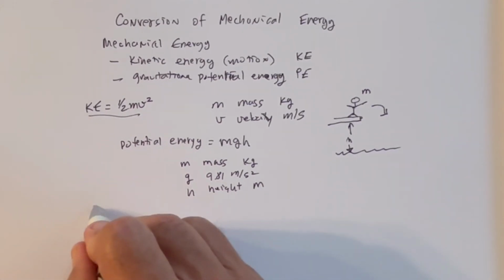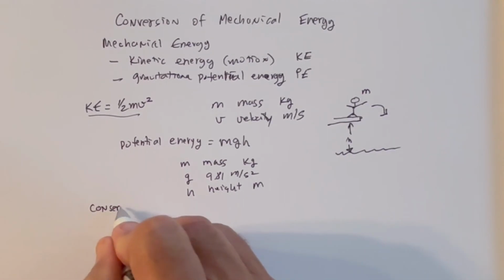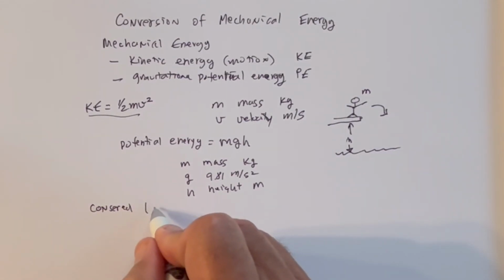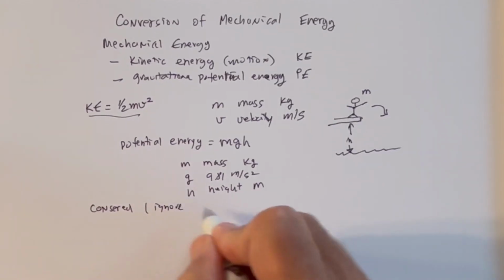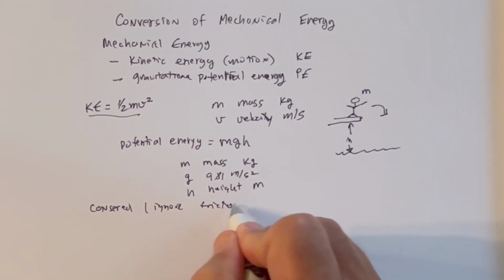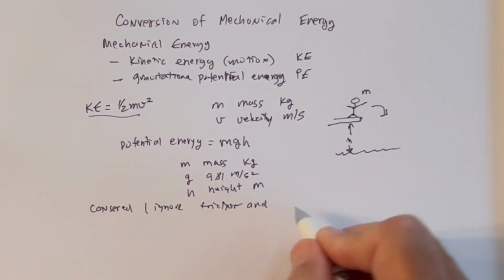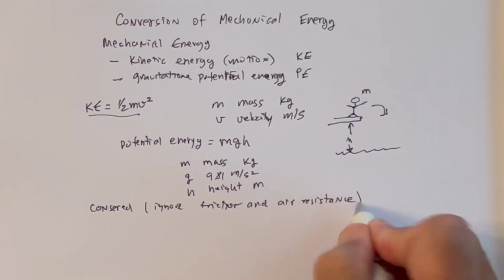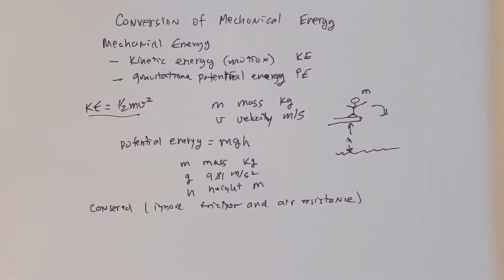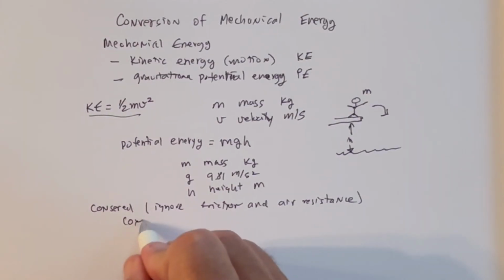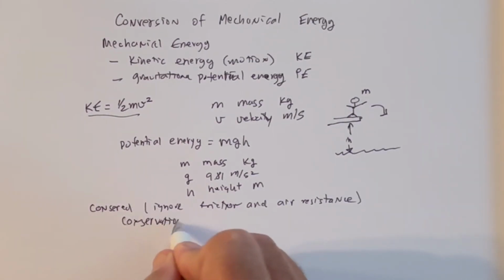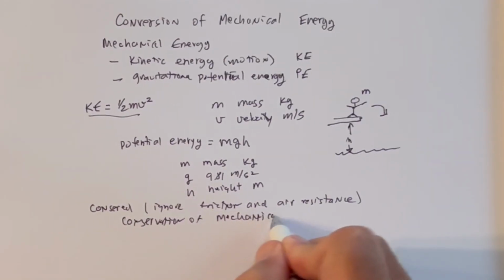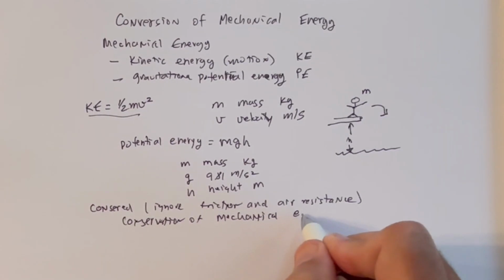Now we know energy is conserved, but this is if we ignore friction and air resistance. Let's not make things too complicated for the moment. So we have conservation of energy. This is going to be an extremely important concept.